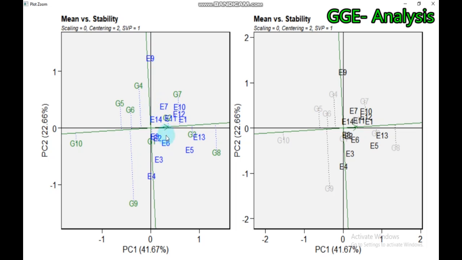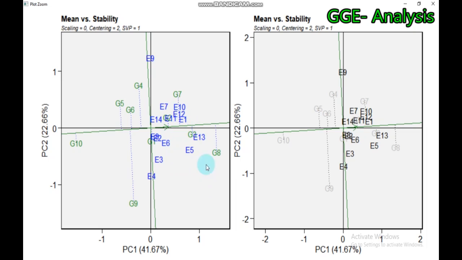First, an average environment, represented by this arrow, is defined by the mean of principal component 1 and principal component 2 scores of the environments, and the line that passes through the biplot origin and the average environment coordinates may be called the average environment axis. So the projection of the genotype marker on this axis should therefore approximate the mean yield of the genotype.